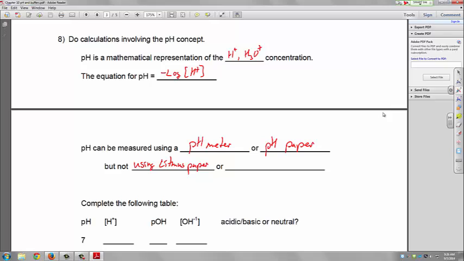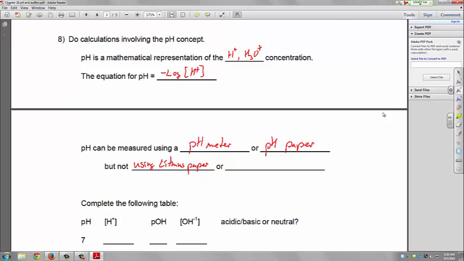So litmus paper only tells you if it's acidic or basic. It doesn't tell you the value of the pH. pH paper, which you'll be using in lab, has a number of different acid-base indicators soaked into the paper, so there's more than just two color changes, and based upon this gradient of color changes, you're able to estimate what the pH is.